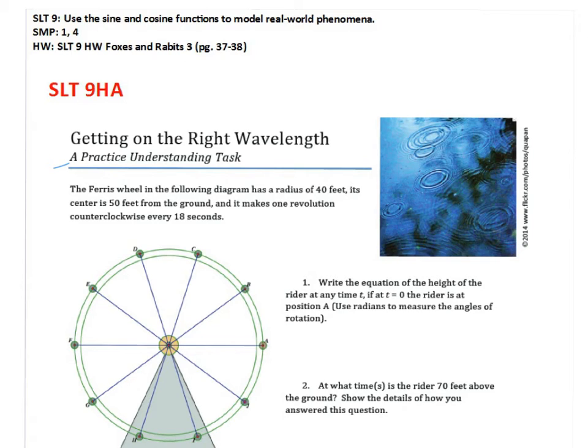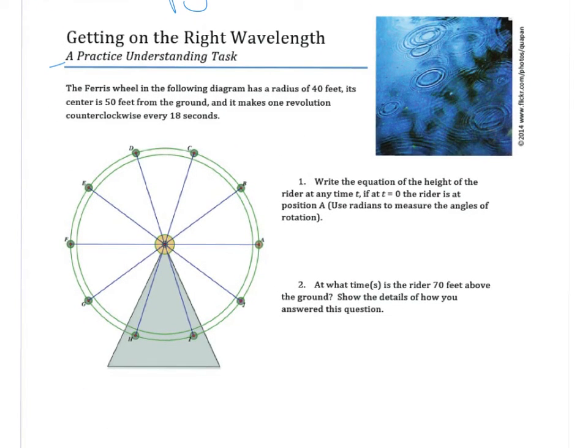All right, our last page together is going to be page 35. So we have a new Ferris wheel. It has different parameters for us. It has a radius of 40 feet. The center is 50 feet off the ground, and we make one rotation counterclockwise every 18 seconds. Write the equation using radians if the rider starts at A. Okay, so the center is 50 feet off the ground.